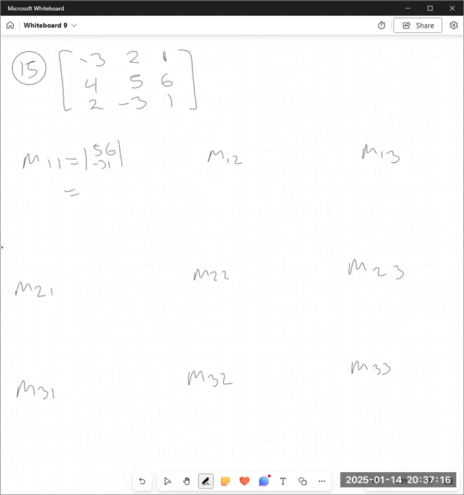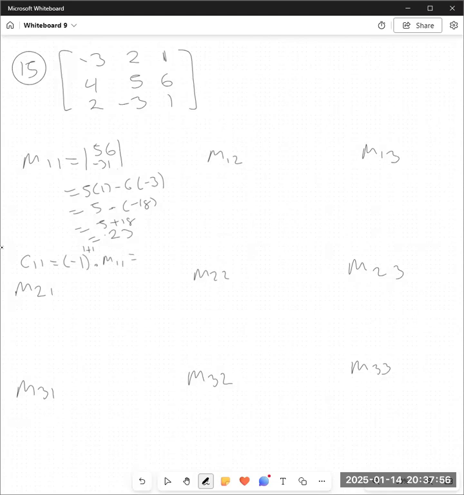So that's going to be 5 times 1 minus 6 times -3, which is 5 minus a -18. 5 plus 18 is 23. So now I can find the cofactor for M11. What I'm going to do is that's going to be -1 to the 1 plus 1 times M11.